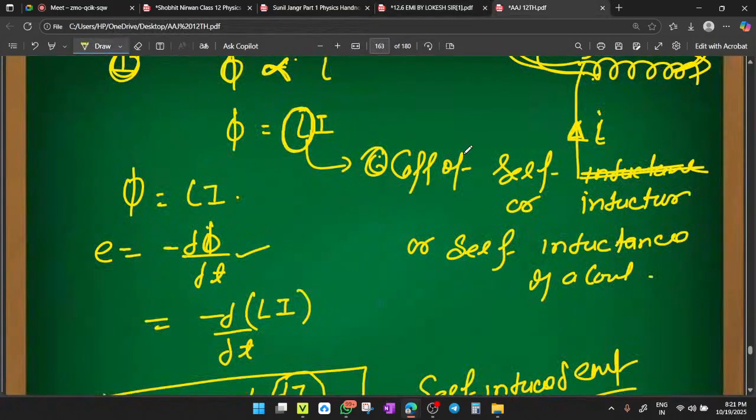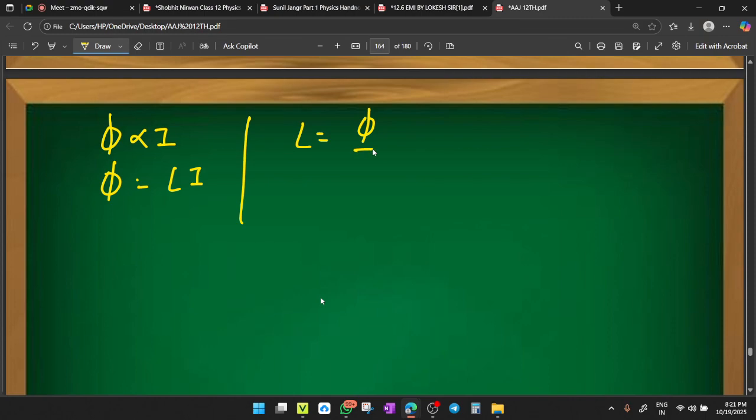Now, to define coefficient of self-induction or self-inductance, check here. Phi is proportional to I, so phi is equal to LI. So L is equal to phi upon I, right? To define L, how can you define? Consider I equal to 1 ampere.